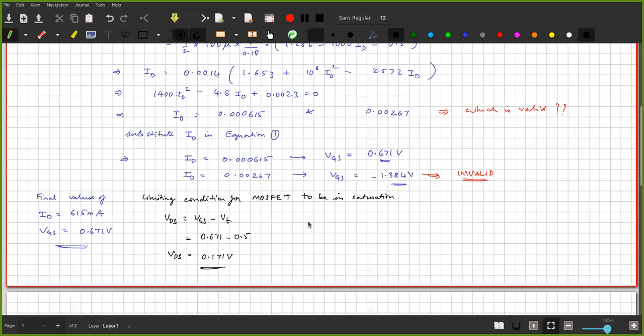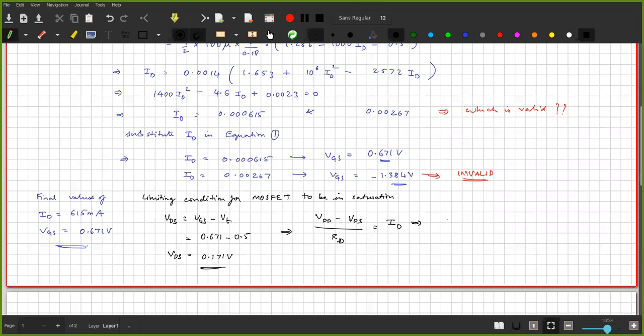Okay. So from this, VDD minus VDS divided by RD is ID, right?